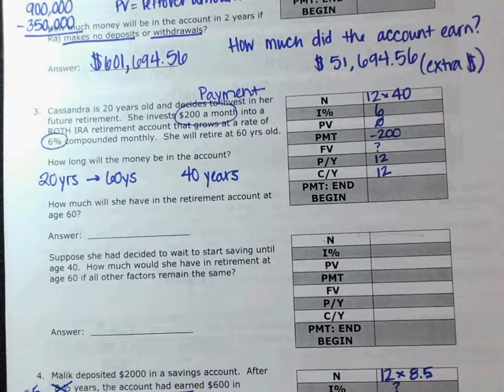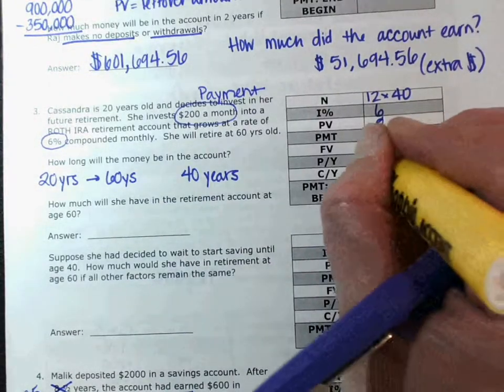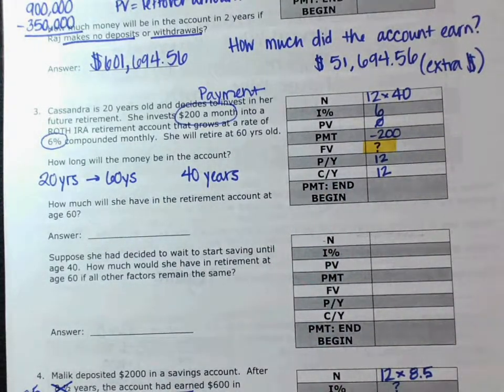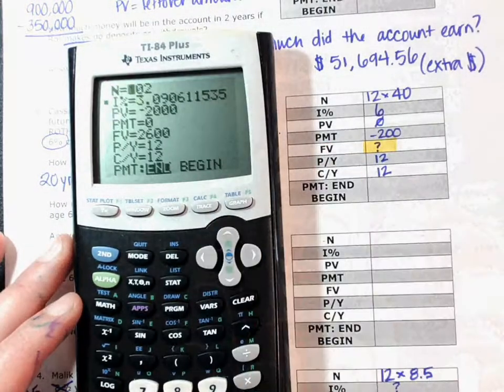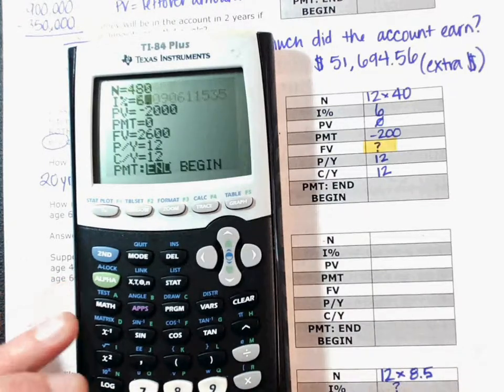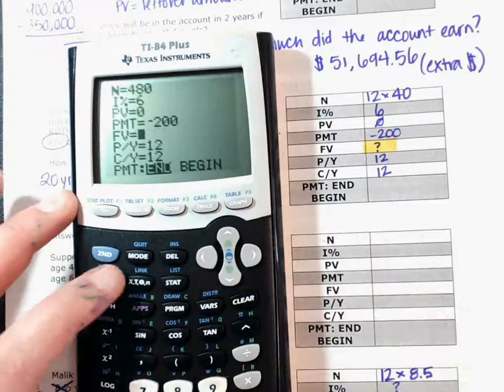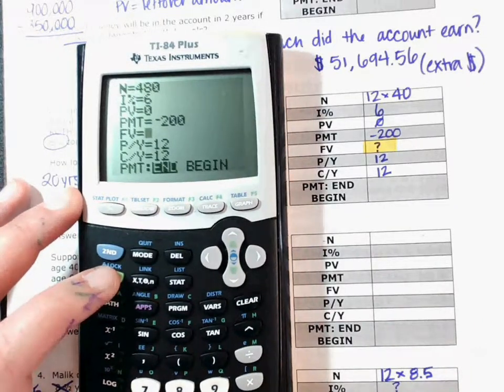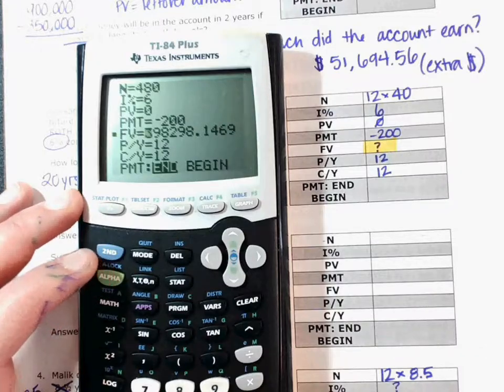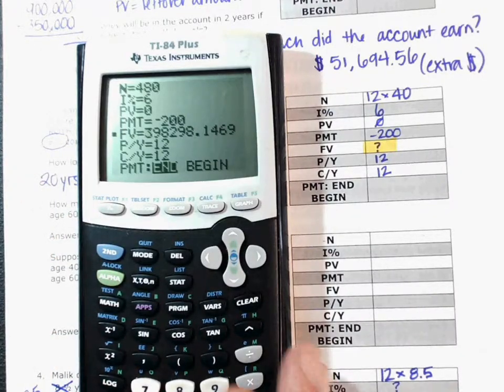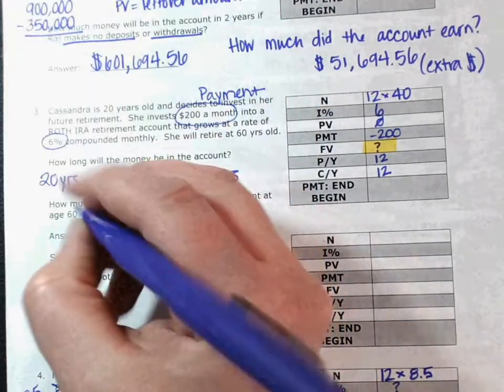And remember, every time you should only have one question mark. All the other things in the table you have to know, or else it won't solve it for you. It'll say error. Okay, so 480, 6, 0, negative 200, solve. $398,298.